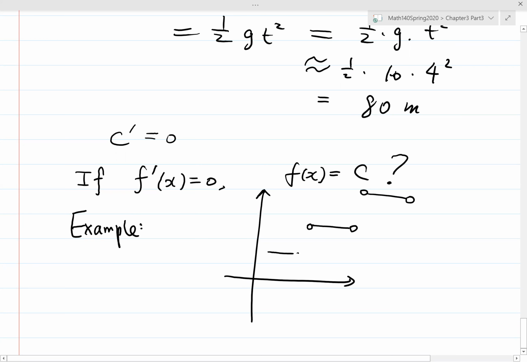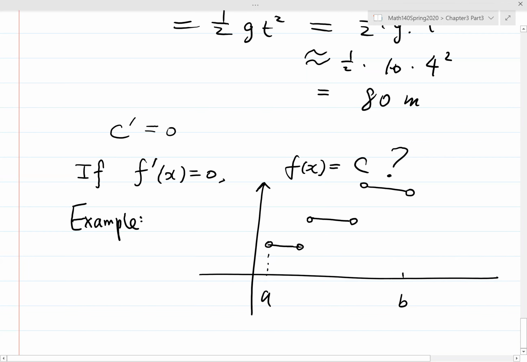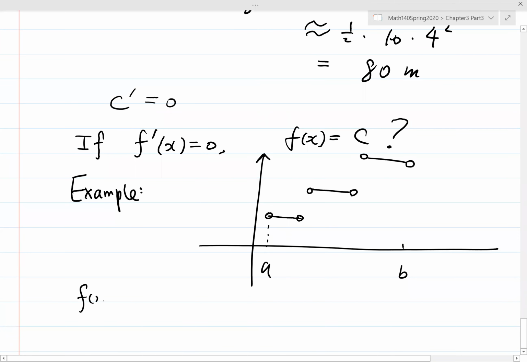You can choose any constant. Suppose f(x) is defined from a to b, on some union of intervals.